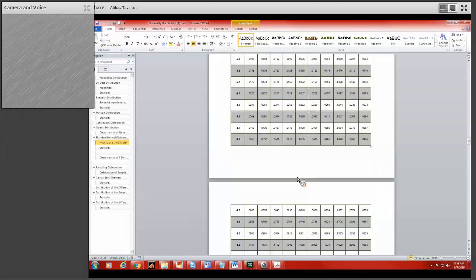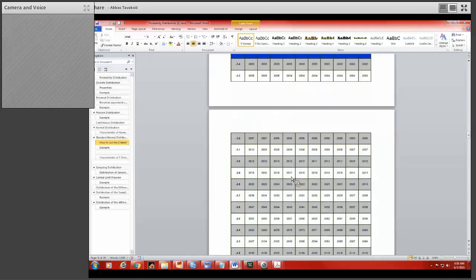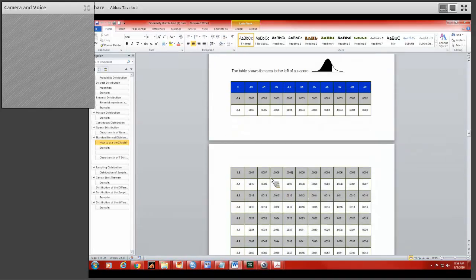If you wanted to find something, basically the z table, these are the values you have, and the top is the second digit, and the body is the area. When we talk about z less than some value, it means to the left of that value on your z distribution.